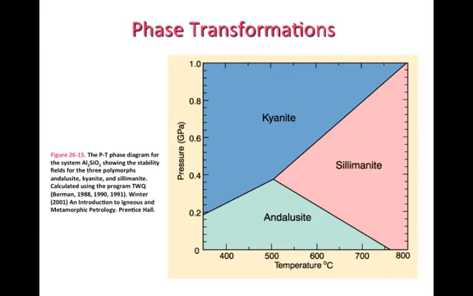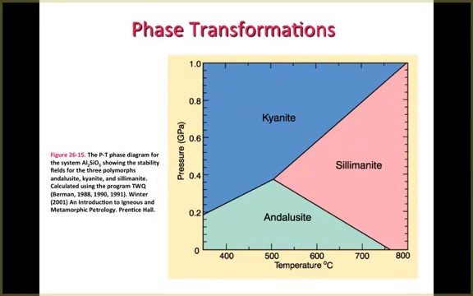Here's a phase diagram that you're already familiar with. This shows you the stability fields for the aluminosilicates, common minerals that we see in metapelites.